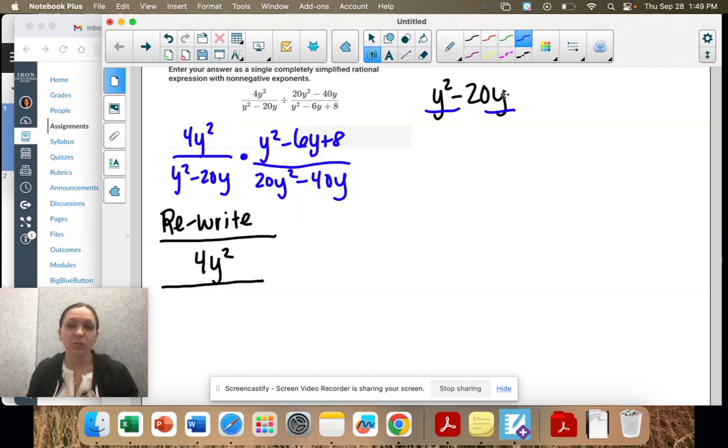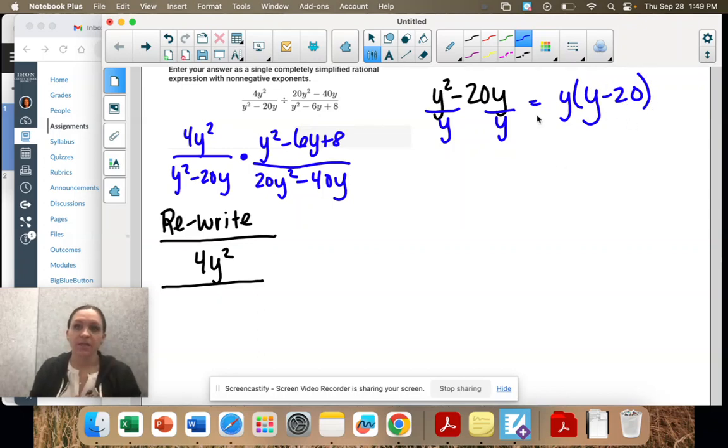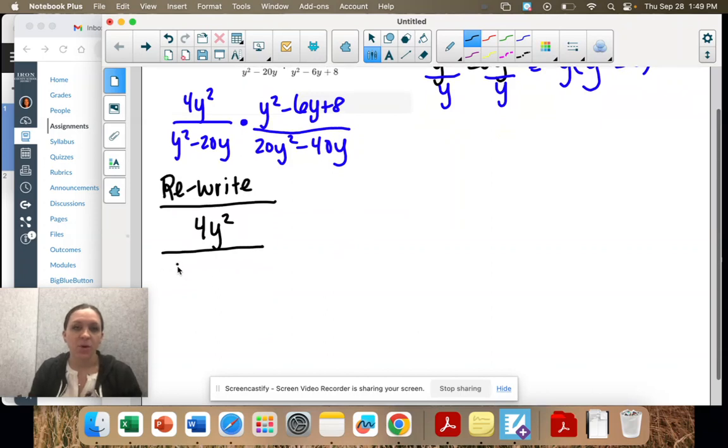We don't want any duplicate variables. So I'm going to take out the y, and we're left with 1y minus 20. Okay, so the number stays. Y minus 20 stays. So y minus 20 times.